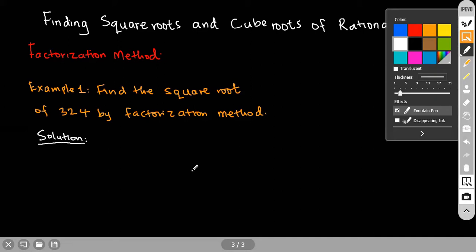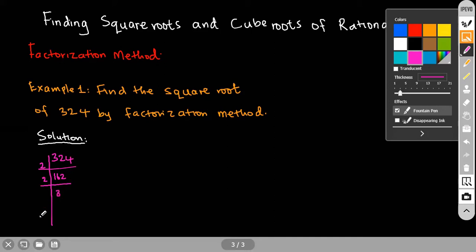So we are going to factorize 324. Let's divide it by 2. This will give us 162. And let's divide 162 by 2.